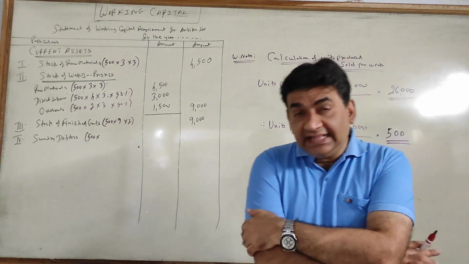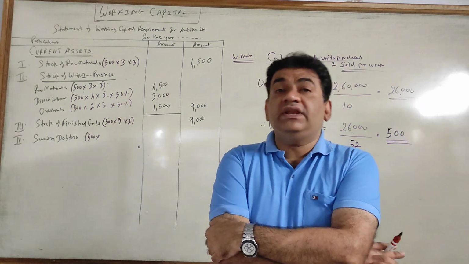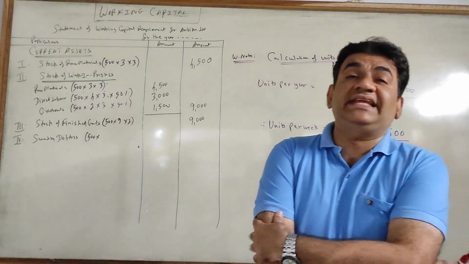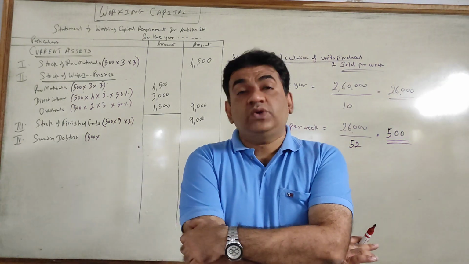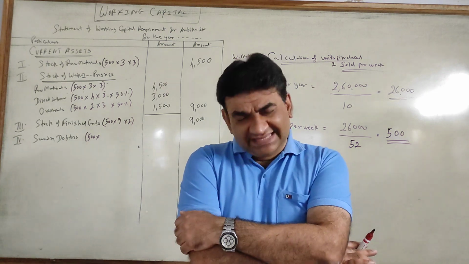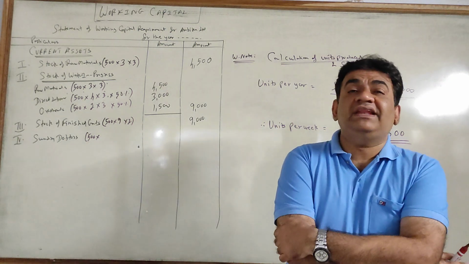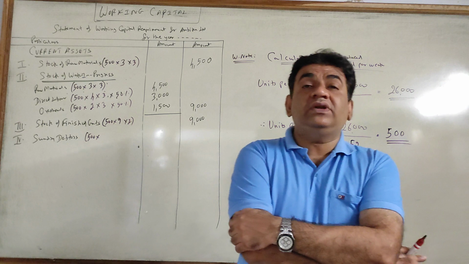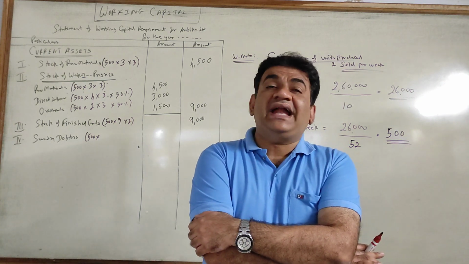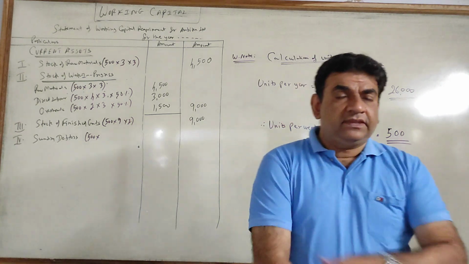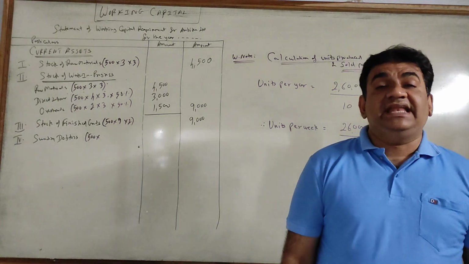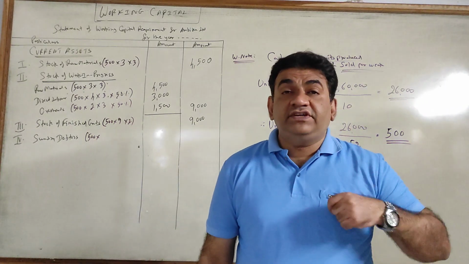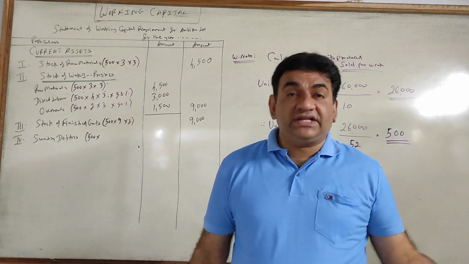Because we are selling them goods, when we calculate debtors, we will always take selling price unless and until the question tells you to do something else. There are one or two sums where later on the question tells you to take debtors at cost, but that is only when it is mentioned. So if nothing is given, debtors will always be at selling price, the price at which you are going to sell the goods to the customer.